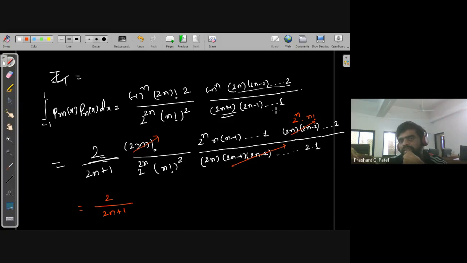So this 2 raised to 2n is cancelled with this, and this n factorial square is cancelled with this n factorial and this n factorial. So the only quantity left is 2 by 2n plus 1, and that is our objective, to prove the orthogonal property of Legendre polynomial.